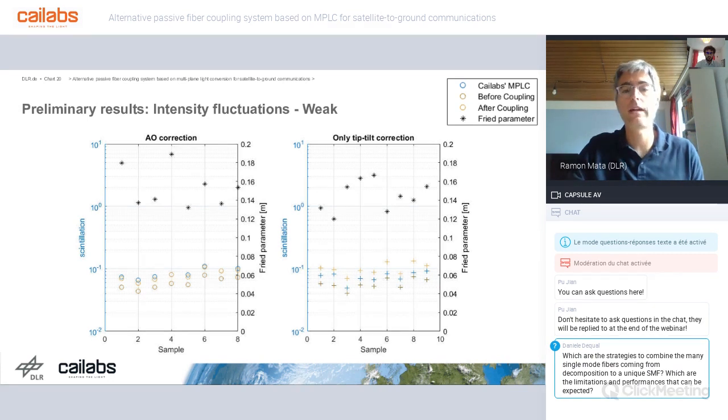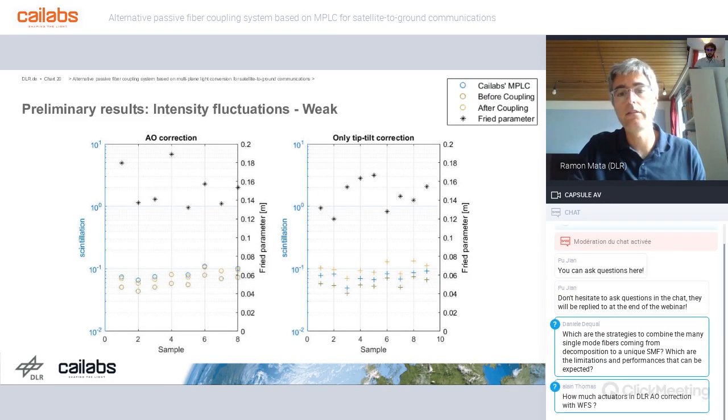And on the left part, you have the adaptive optics correction. So it means the deformable mirror was also active, and it was correcting aberrations for the yellow markers, so for the single mode fiber. So you see here that with only tip tilt correction, you get after coupling less performance than expected for the MPLC.